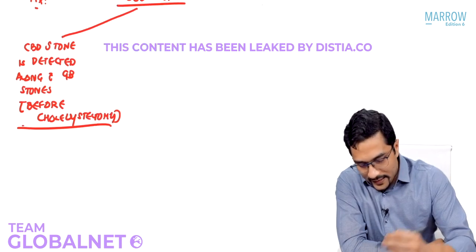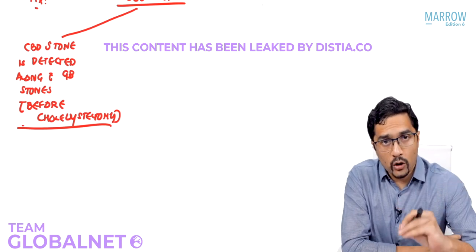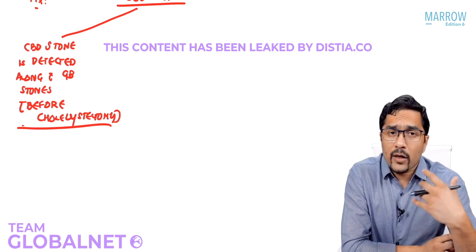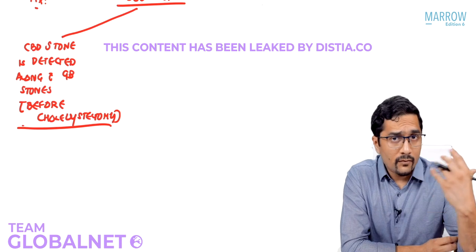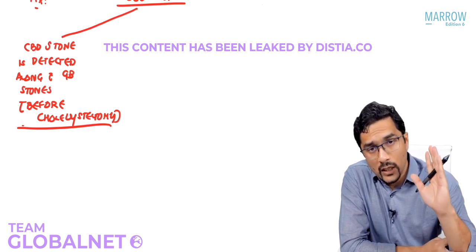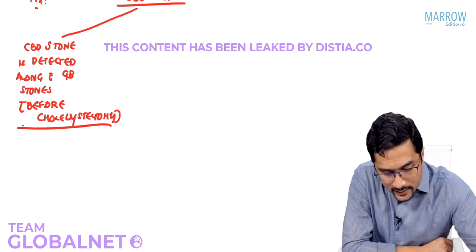Here, when the ultrasound was done, the radiologist found that there were gallstones, but they also saw that the CBD was dilated. And because the CBD was dilated, they suspected CBD stones. They did an MRCP and found that there are gallstones and CBD stones also. So this has been asked in the exam.